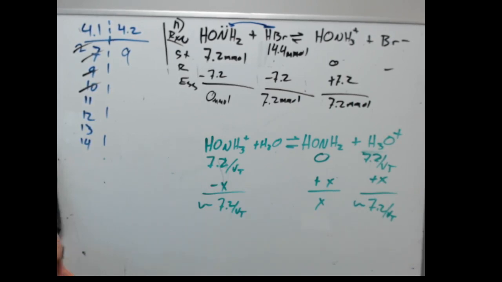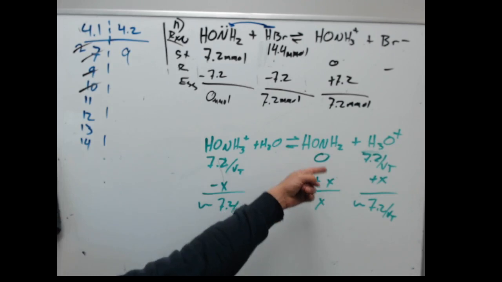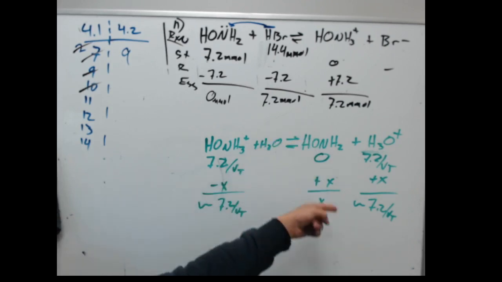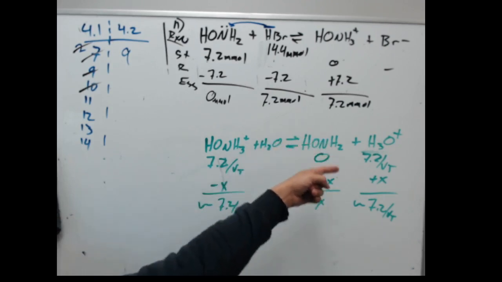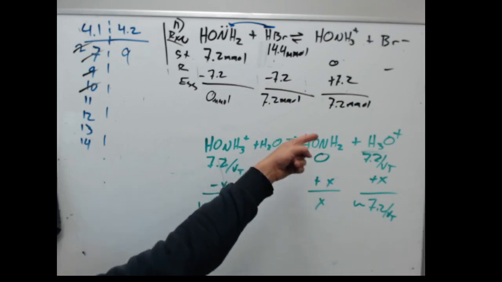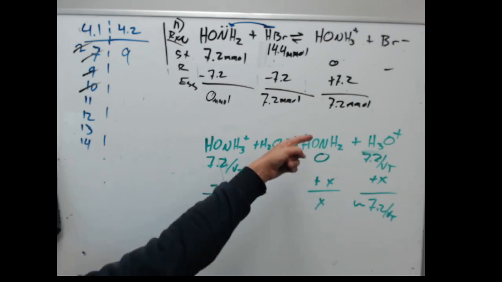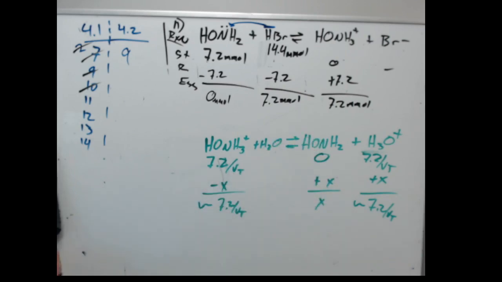So if X is small in our equilibrium, H3O plus is approximately the same. The dissociation of this acid hasn't changed my H3O plus concentration in any measurable way. Now, is that a good approximation? Probably, usually it has been. There's a few cases where it's not.